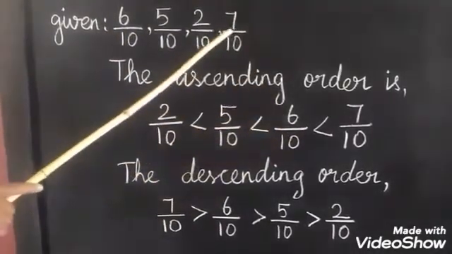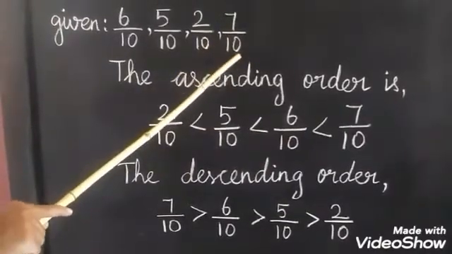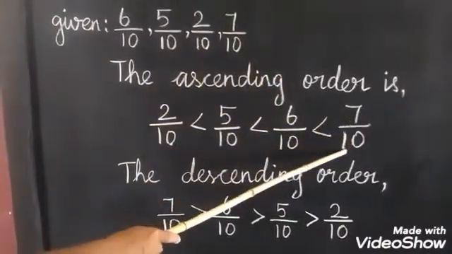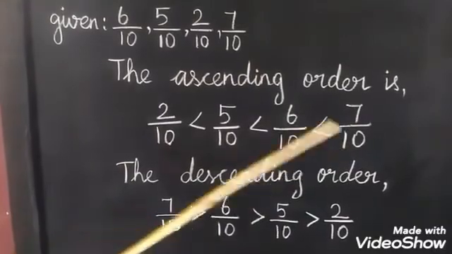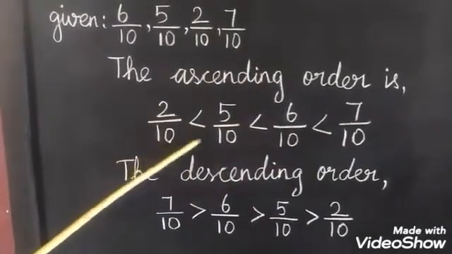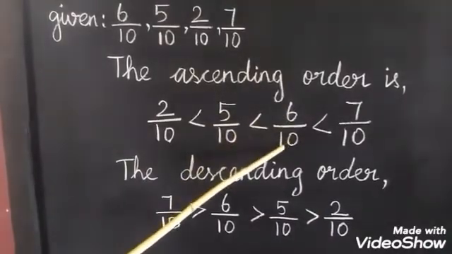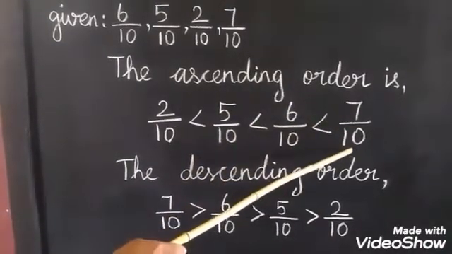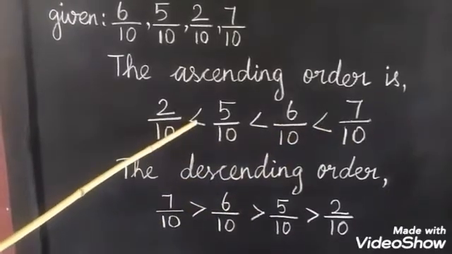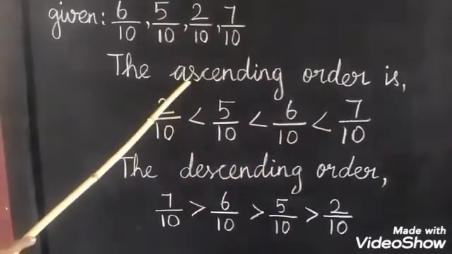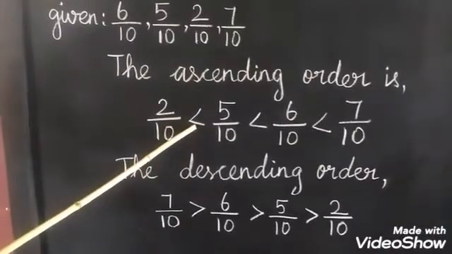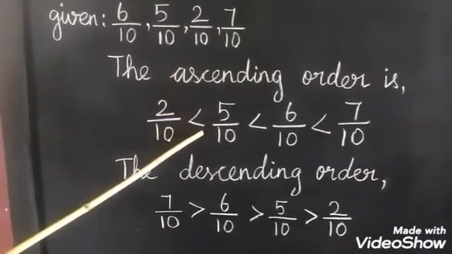Remaining we have 7 by 10 only. So, 7 by 10 finally we want to write. 2 by 10 less than 5 by 10 less than 6 by 10 less than 7 by 10. For ascending order, we have to use the less than symbol only. While writing the less than symbol for ascending order, you have to remember carefully.